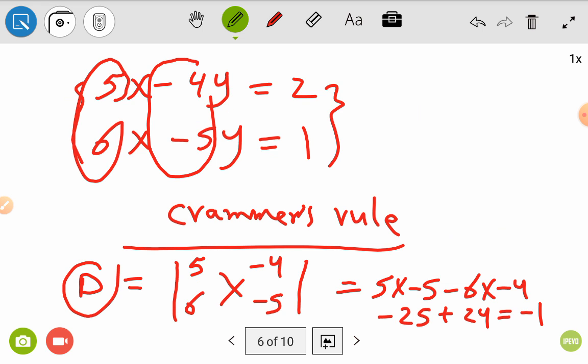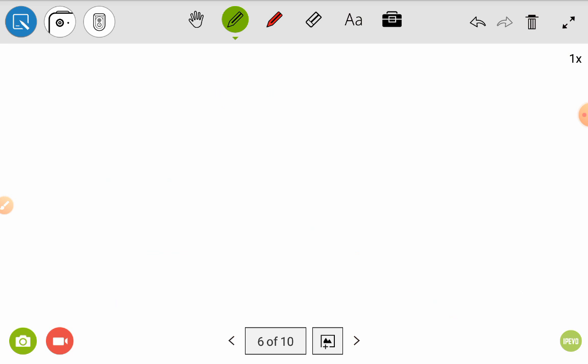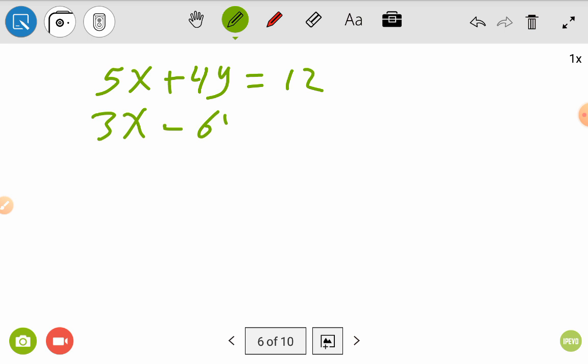Another example, my dear students. If you have the linear system 5x plus 4y equals 12, 3x minus 6y equals 24.